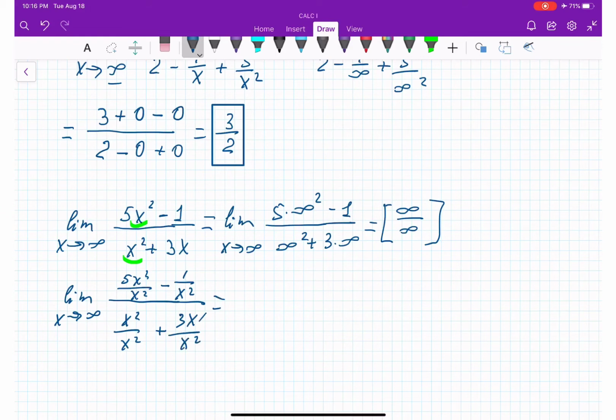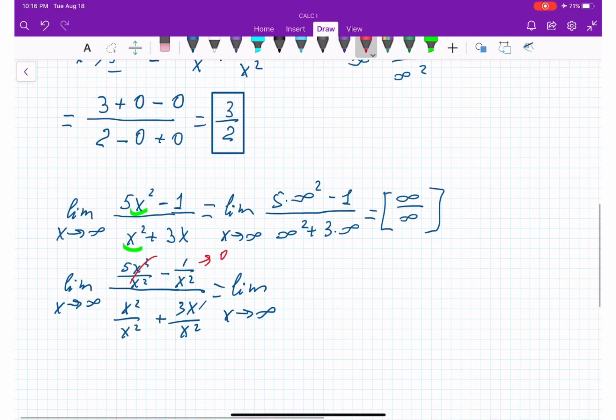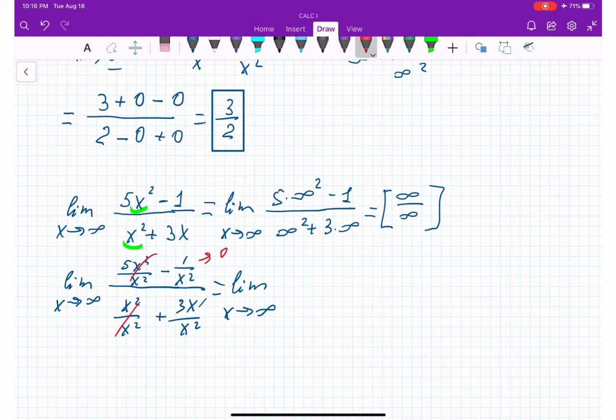What do we get here? Limit x approaches infinity. So x squared would be cancelled with x squared, right? This one over infinity, if we plug in, it's going to go to 0. This one is also cancelled, and x divided by x squared, x is gone.